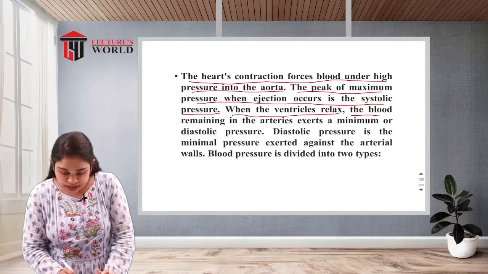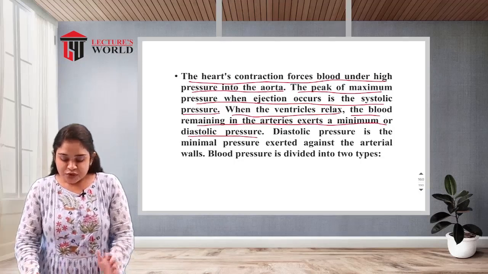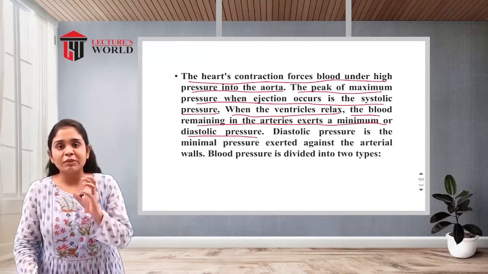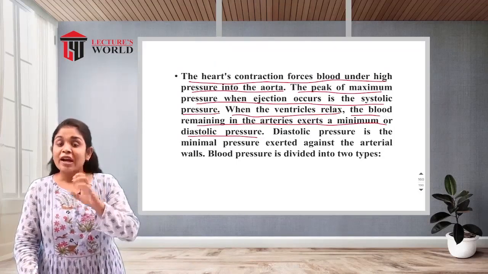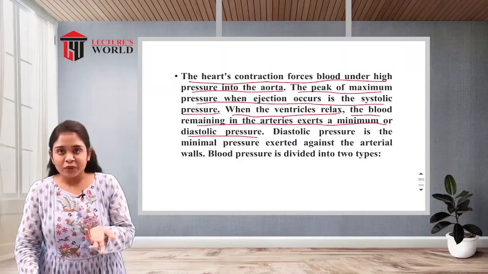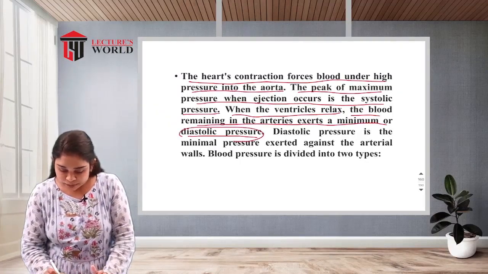The blood remaining in the arteries exerts a minimum, or diastolic, pressure. A small amount of blood remains in the ventricles and in the arteries, so again a pressure is created. That is known as the diastolic pressure.